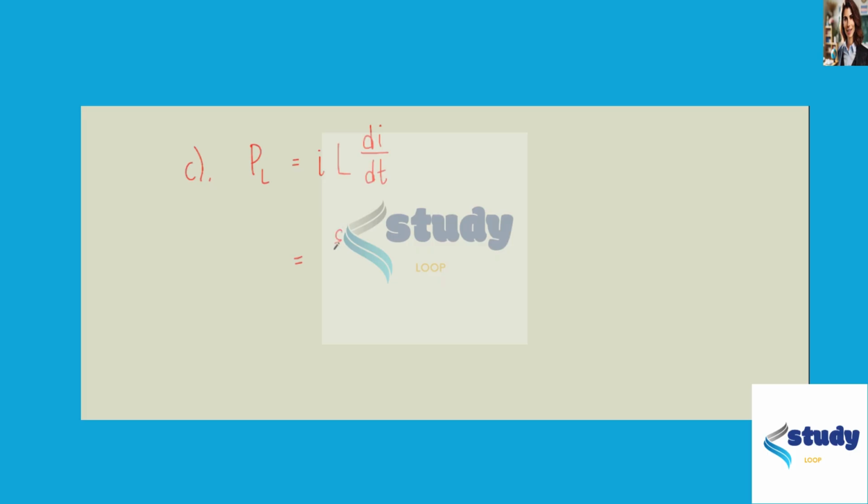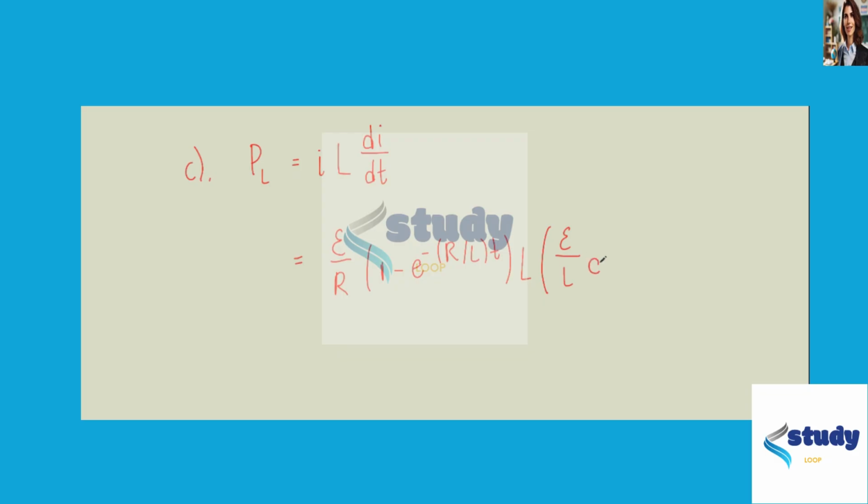So I is epsilon over R into 1 minus e to the minus R over L times t, multiplied by L times di dt.